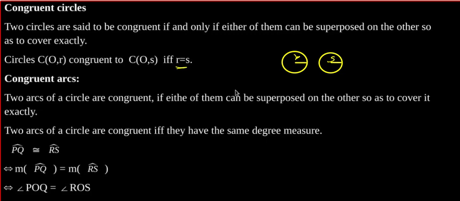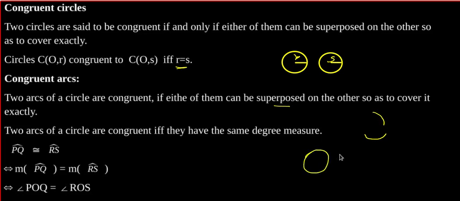Congruent arcs. If two arcs are congruent, if one of them can be superposed over the other, it will cover exactly. If you take one arc of the circle and the other arc of the same circle, and if you cut and keep one over the other, it will cover exactly.